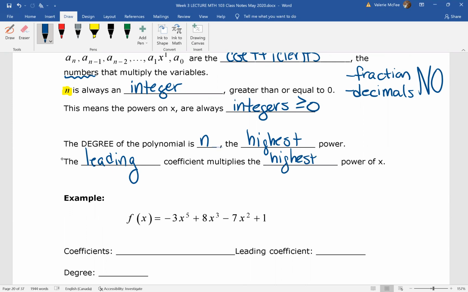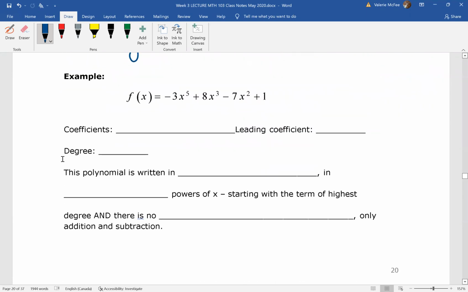So let's look at this example here. f of x equals negative 3x to the power of 5 plus 8x cubed minus 7x squared plus 1. We're first asked for the coefficients. And remember, the coefficients are those numbers that multiply the powers of x. So we have negative 3, 8, negative 7, and 1.